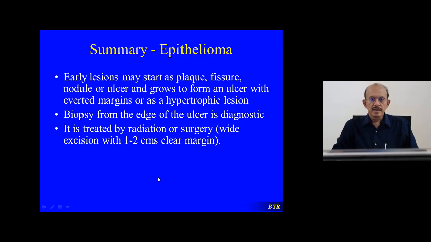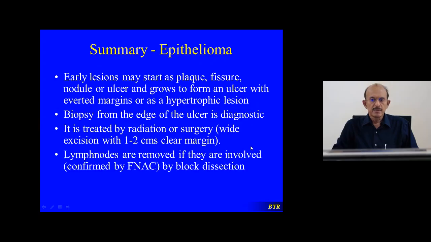It is treated by radiation or by surgery. Surgery is by wide excision with 1 to 2 centimeters clear margin. Lymph nodes are removed if they are involved, by block dissection. So before removal, you have to confirm it by FNAC. What is block dissection?